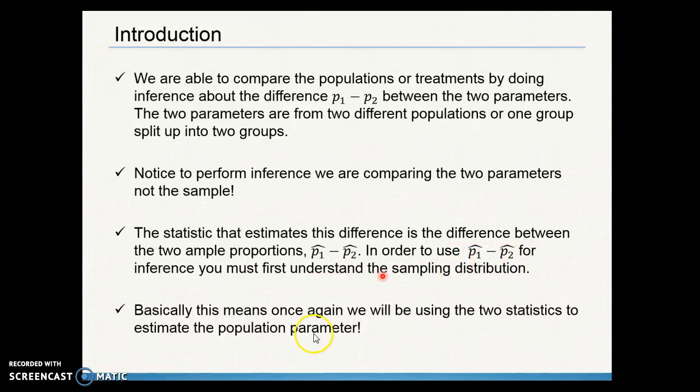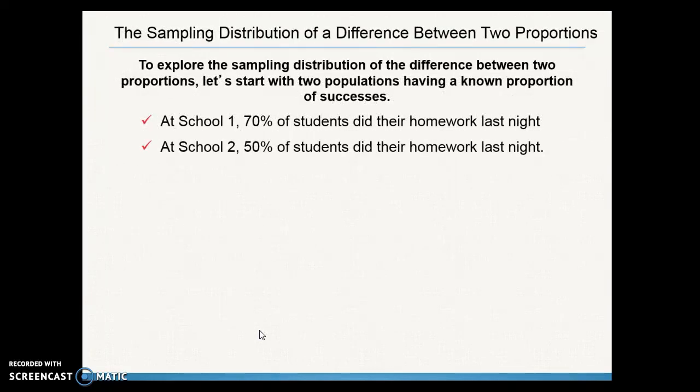Once again, we're using two statistics to estimate the population parameter. We're checking to see what is the difference between two populations. In order to take a look at this, let's explore the sampling distribution of the difference between two proportions. So let's start with two populations having a known proportion of successes.